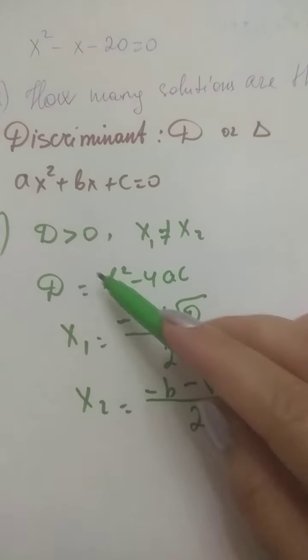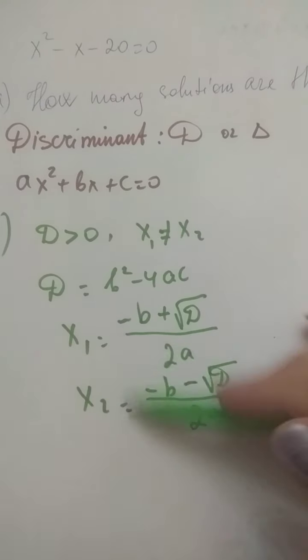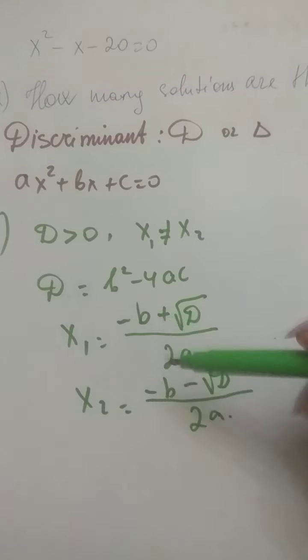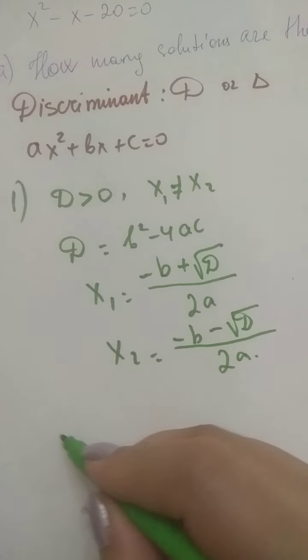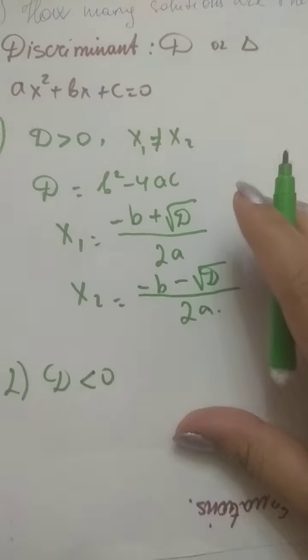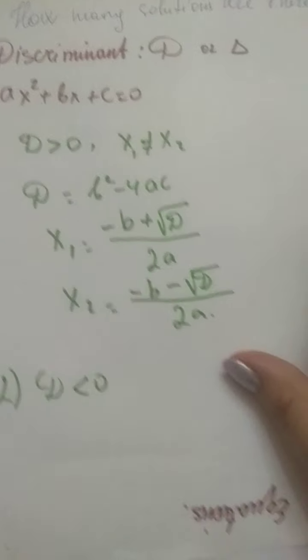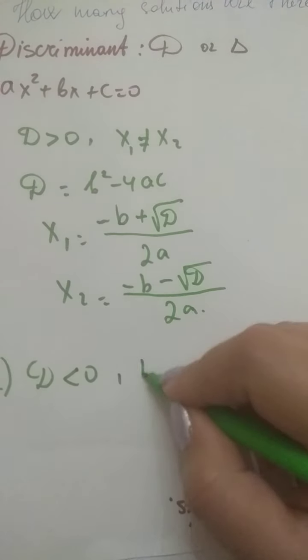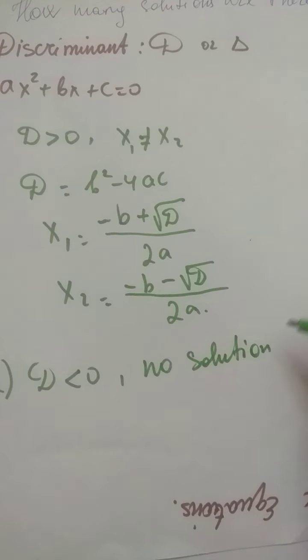And here if you get a discriminant that is positive, greater than 0, this means you have 2 solutions and you can find them with this formula. Or if discriminant is less than 0, guys, that means in the real number set there is no solution. Let me write here, no solution.